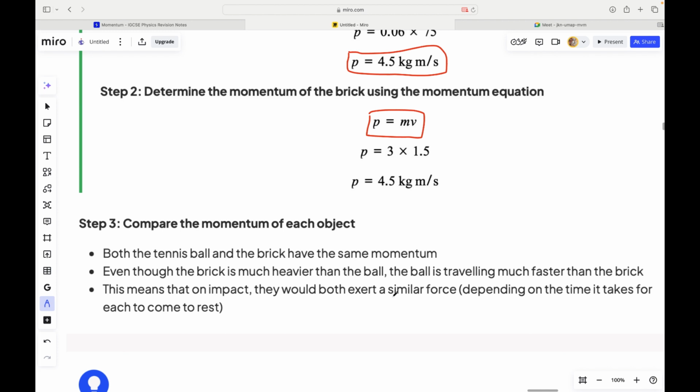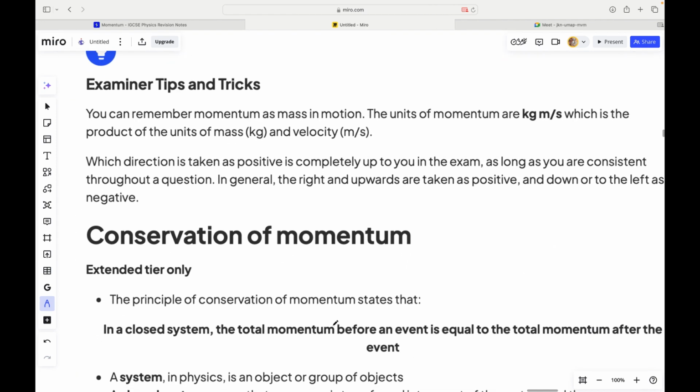Even though the brick is heavier and has a bigger mass than the ball, the ball is traveling at a much faster speed than the brick. This means that on impact they will both exert a similar force, depending on where and how long they hit. They exert the same impact because they have the same momentum.